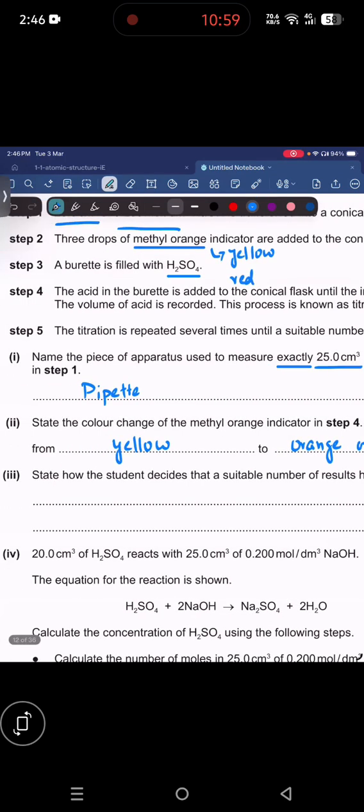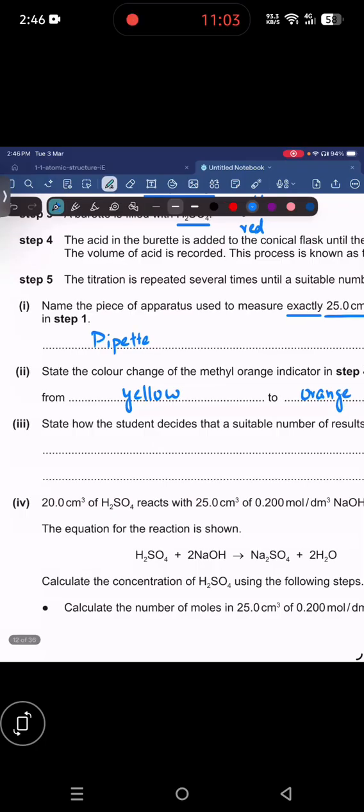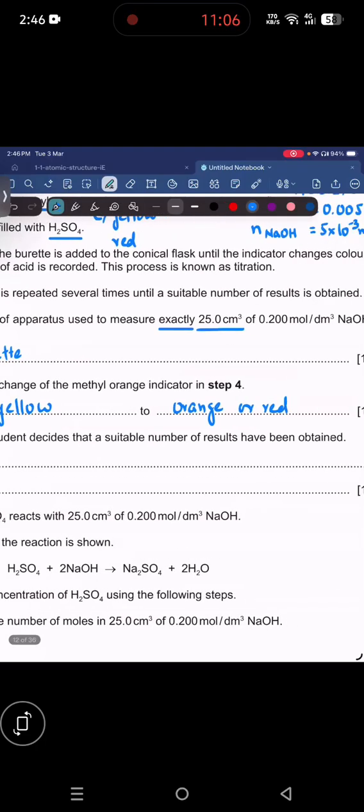Now, state how the student decides that a suitable number of results has been obtained.